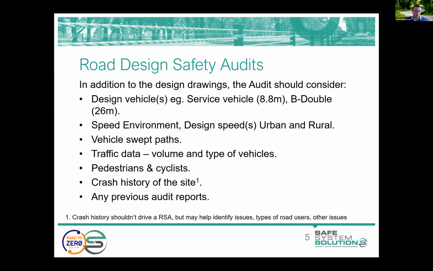It's really important to understand the design vehicles that have fed into the design, as well as the design speed in particular. Those two things together affect a lot of the geometric elements of a design, a roadway design, an intersection design. So know those pieces of information.